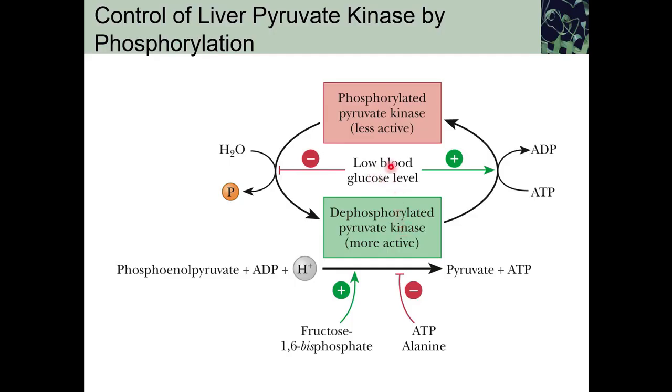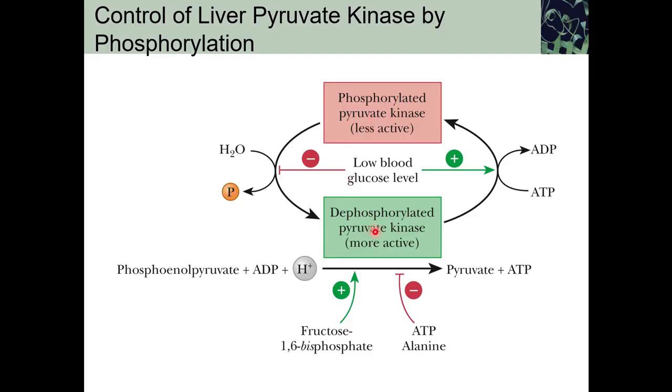Low blood glucose level inhibits the conversion into the more active form, right? The low blood glucose level inhibits the conversion of the pyruvate kinase, the less active form, to the dephosphorylated form. Again, does that make sense?